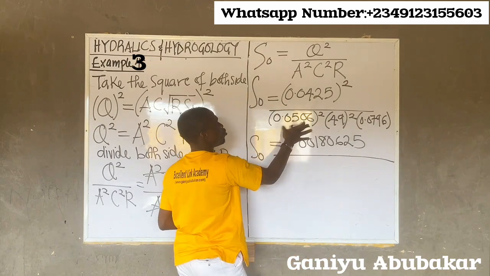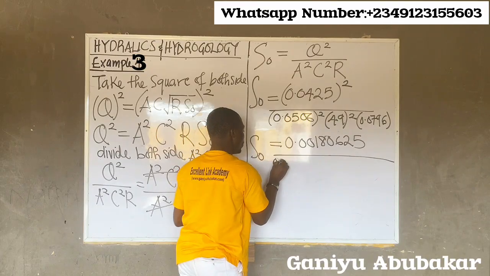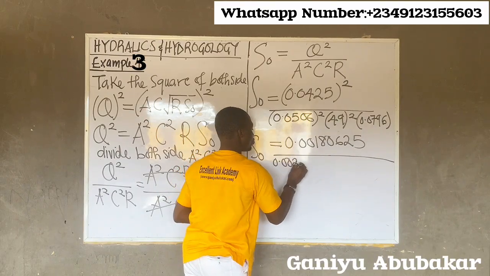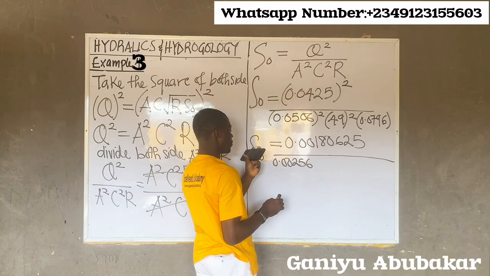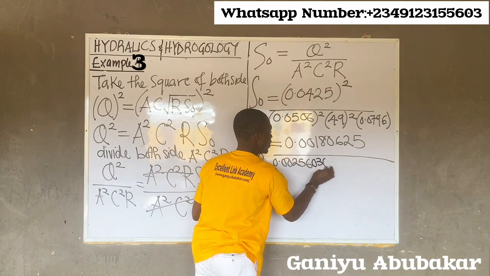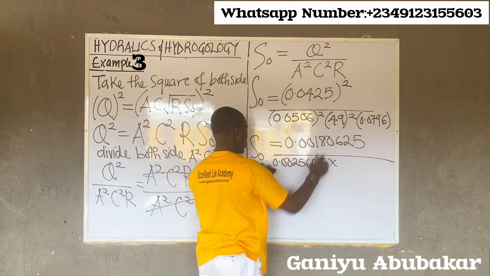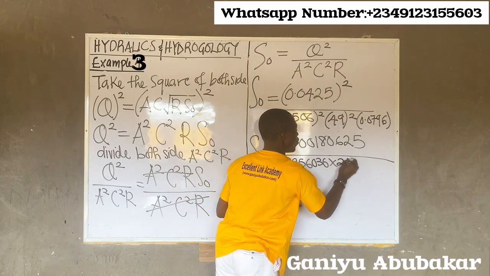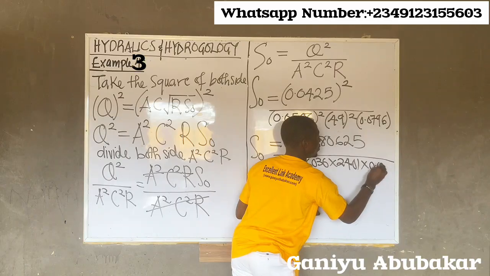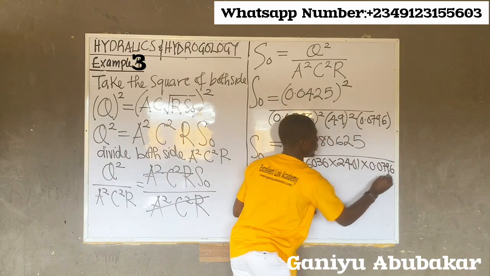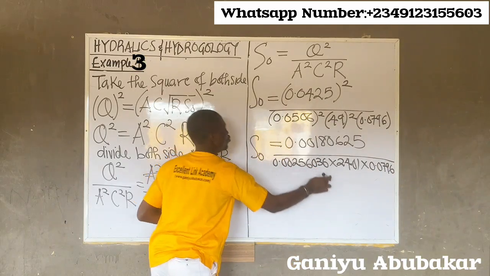This one alone squared gives you 0.002560, times 49 squared gives you 2401, times 0.0796.